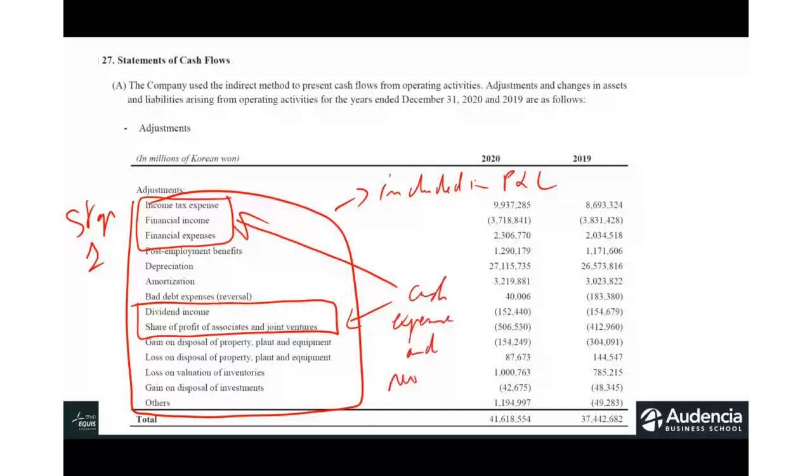Why you eliminate some cash expense and cash revenue is because you want to replace all this directly by what you pay: income tax paid, dividends received. So dividends received is more in this part. You replace by dividends received, interest received, interest paid. So all the cash expense and revenue is replaced by this one.